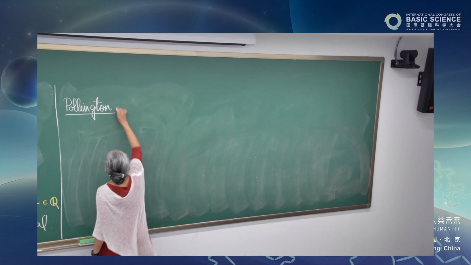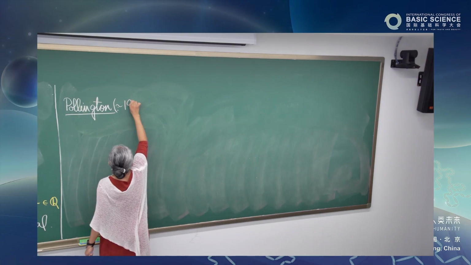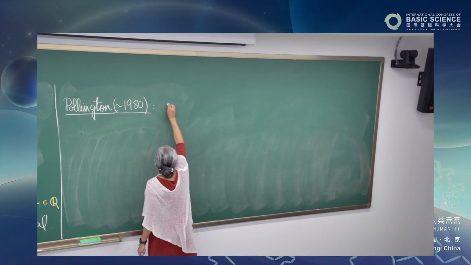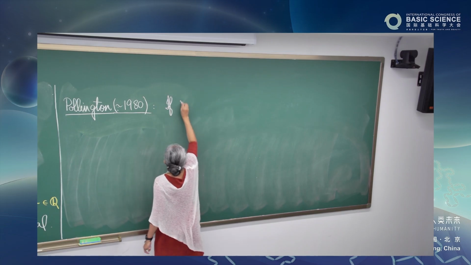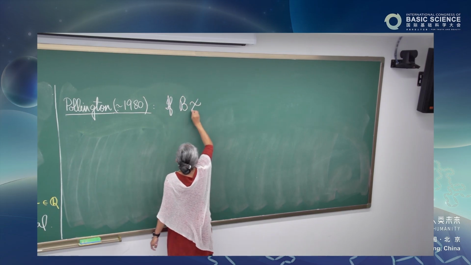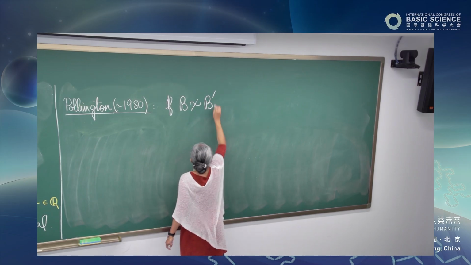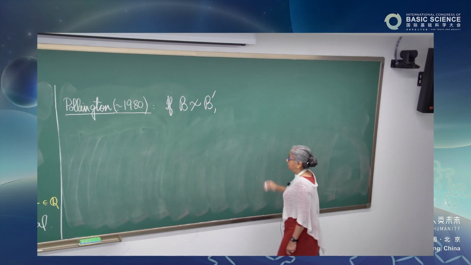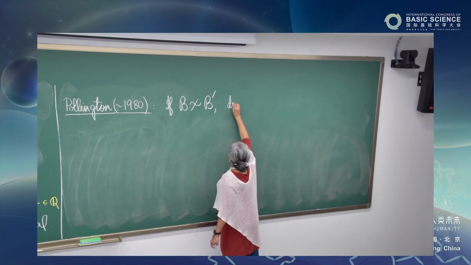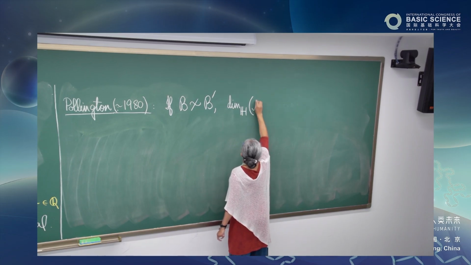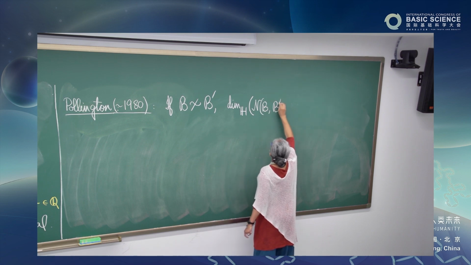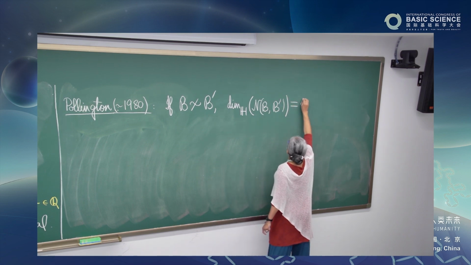Pollington took it further. This is, I think, around the 1980s, maybe 82. He says that if B and B prime are multiplicatively independent, which means every pair is multiplicatively independent, then the Hausdorff dimension of N(B, B prime) is equal to 1.